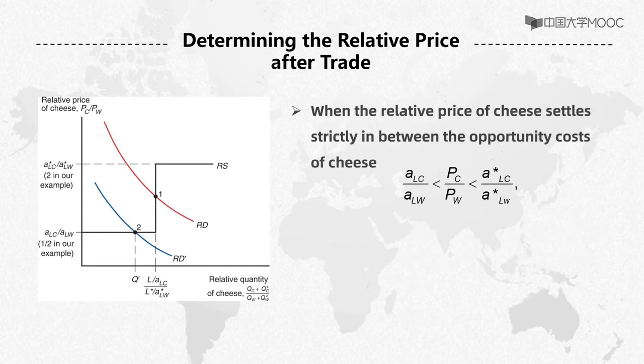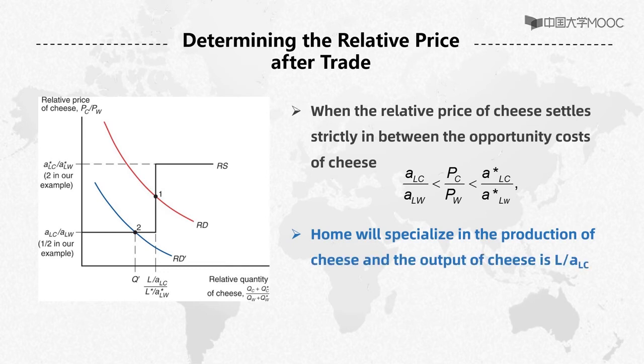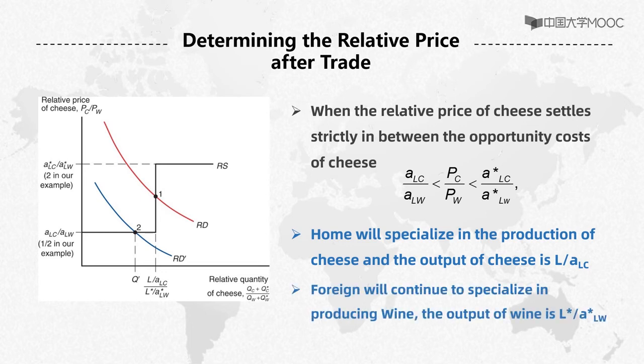When the world relative price PC over PW is above aLC over aLW, home will specialize in the production of cheese, and the output of cheese is L over aLC, as long as PC over PW is less than aLC star over aLW star. However, foreign will continue to specialize in producing wine.